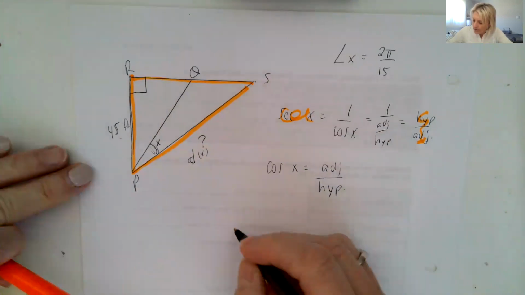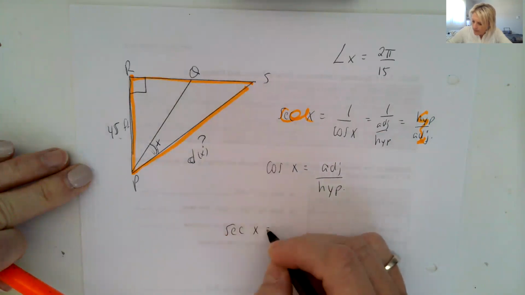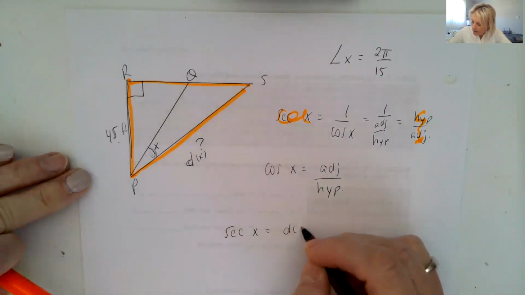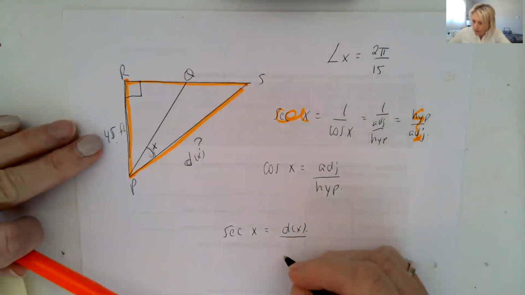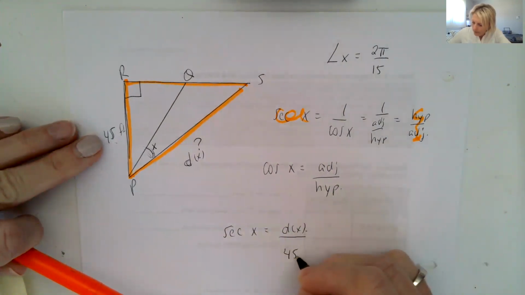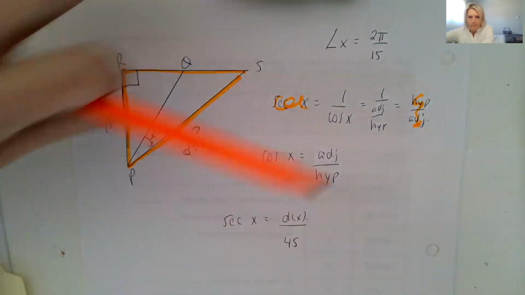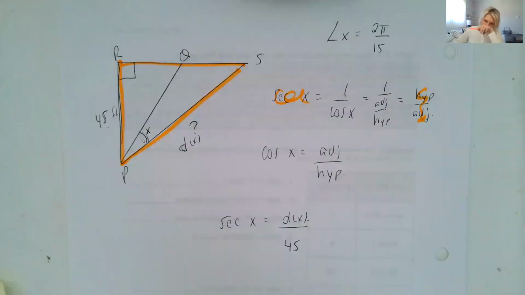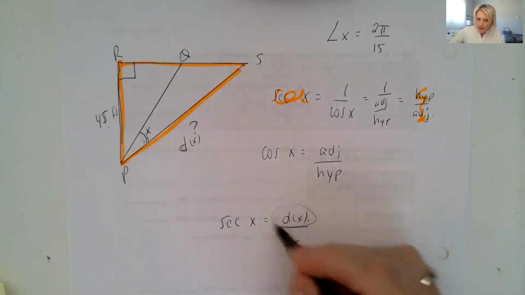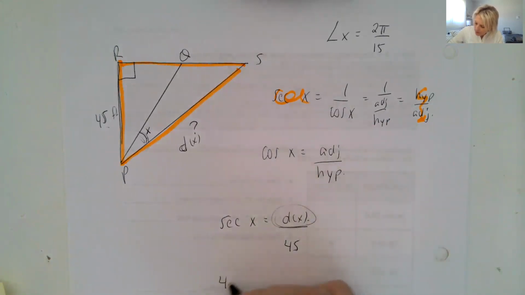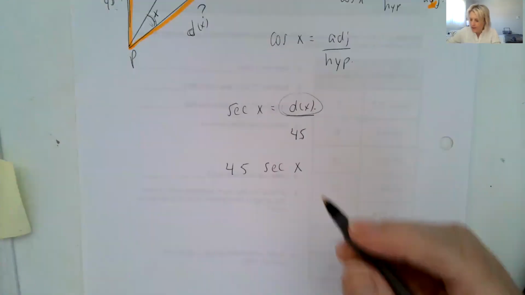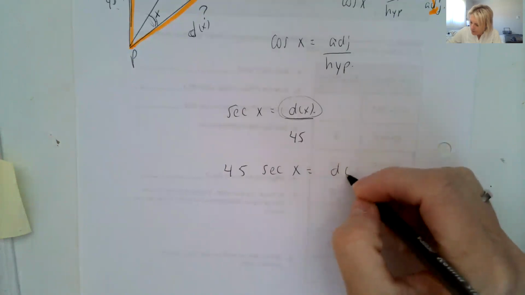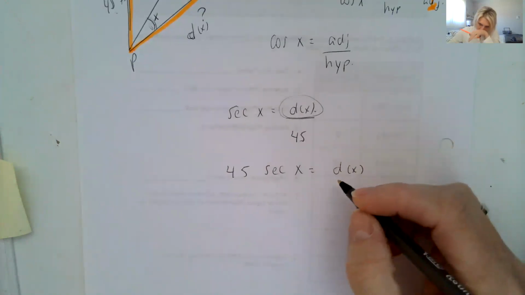So if we think of secant x as the d of x, the length we're trying to find is our hypotenuse over the 45 feet. So to solve for this length, we would say 45 times the secant of x is equal to the length, d of x.